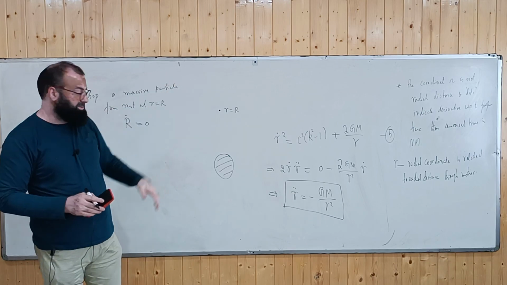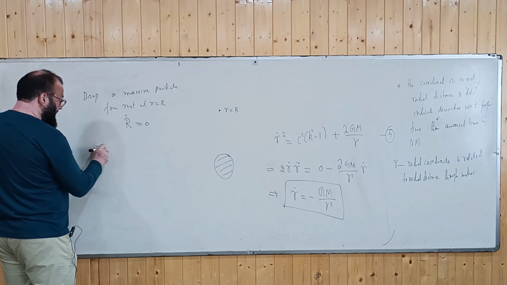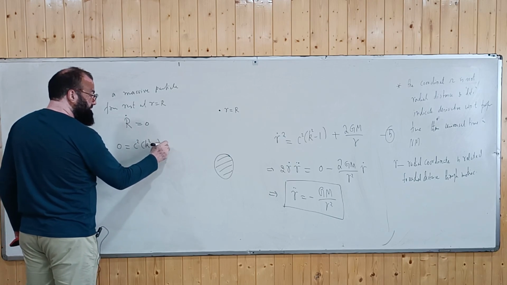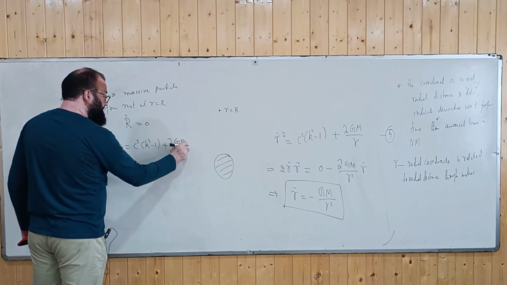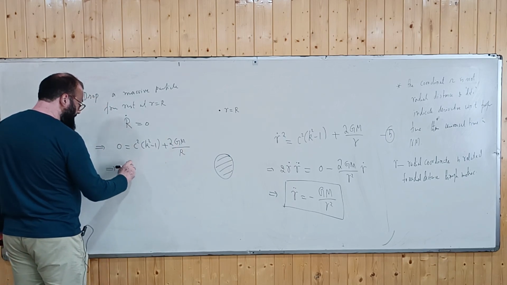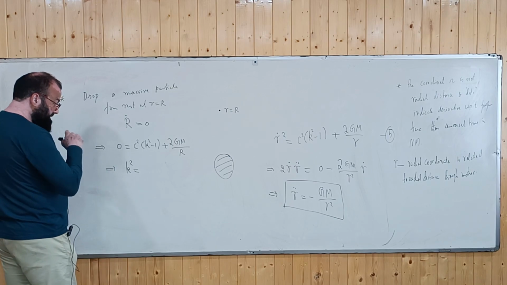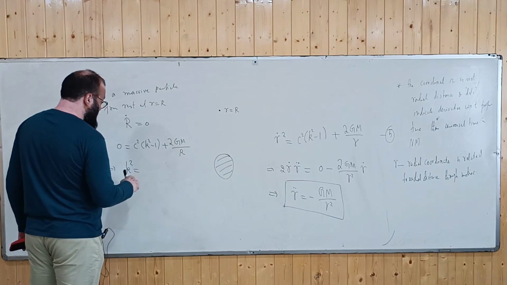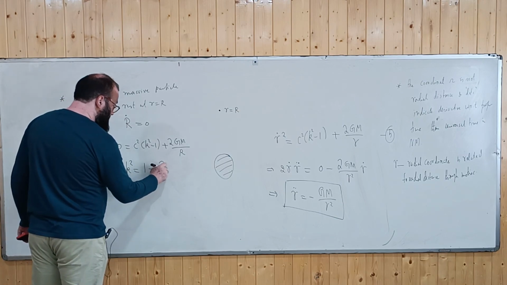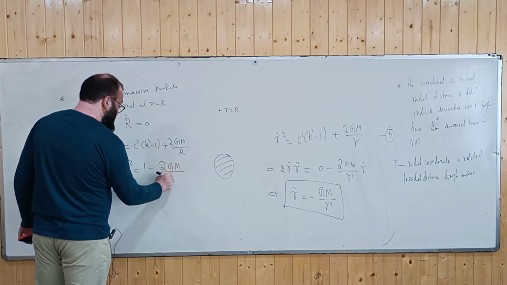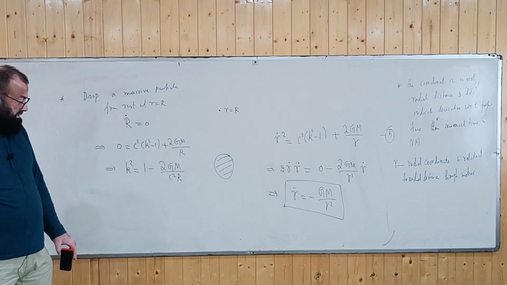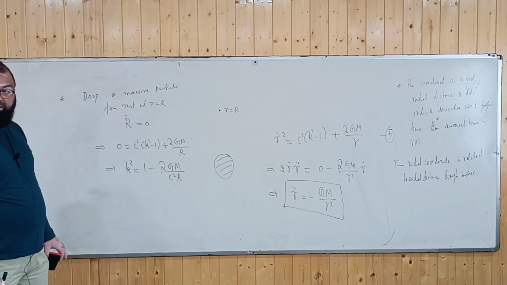So I will have 0 equal to c squared times (k squared minus 1) plus 2GM by R. So what will k squared be? K squared is 1 minus 2GM by c squared R. Is this the k squared?